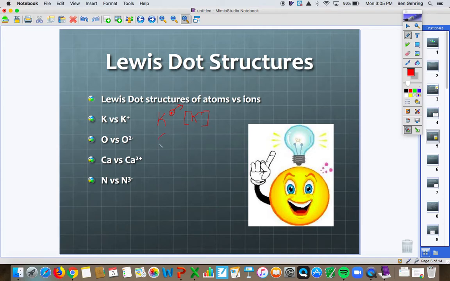So oxygen is going to be here. It's going to have 1, 2. And on this side, oxygen is going to have none. So it's going to lose 2. It's going to be negative 2. So I'll let you try these last 2 on your own. And then again, hit the play button and continue on.